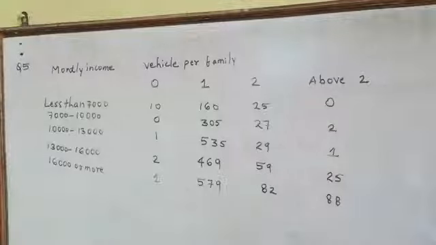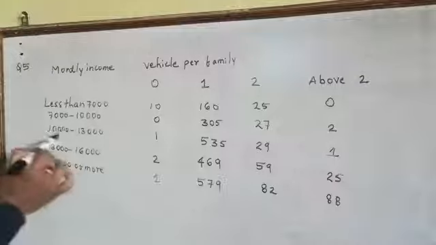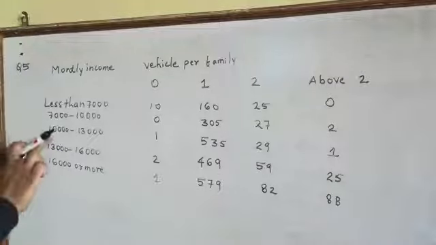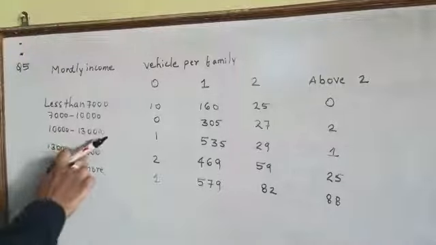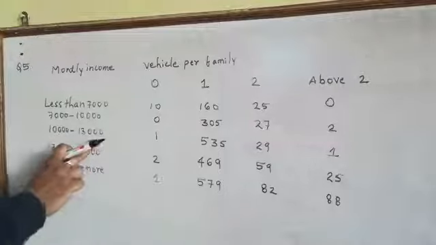Now, in the first question, you can refer to the question also. We have to find the probability of families earning 10,000 to 13,000 who have exactly two vehicles.